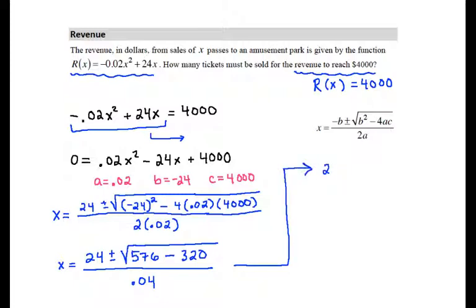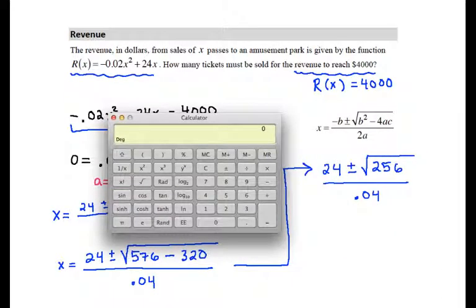So we've got 24 plus or minus the square root of 256, divided by 0.04. You may not recognize that as a perfect square right offhand, but 256 is actually a power of 2, and it's also a perfect square. So let your calculator tell you if you're not sure.